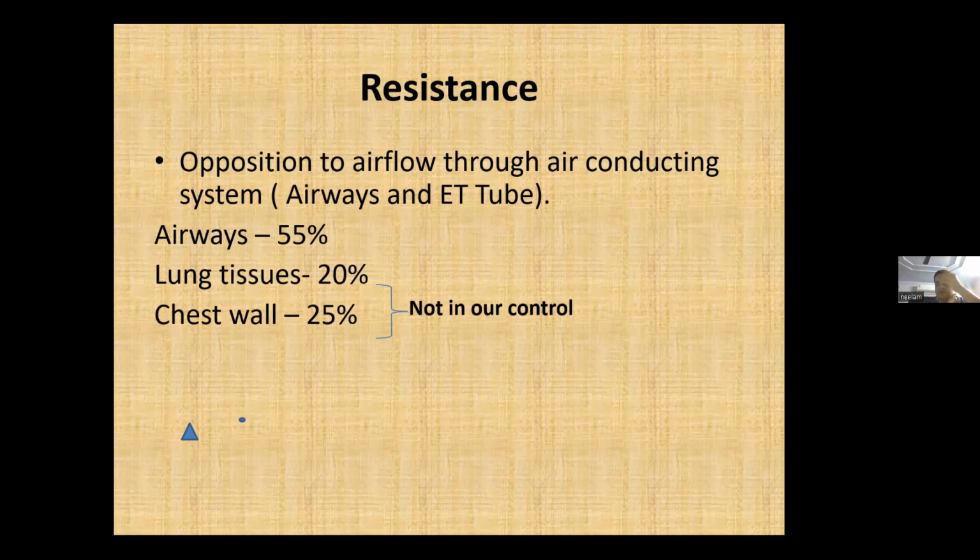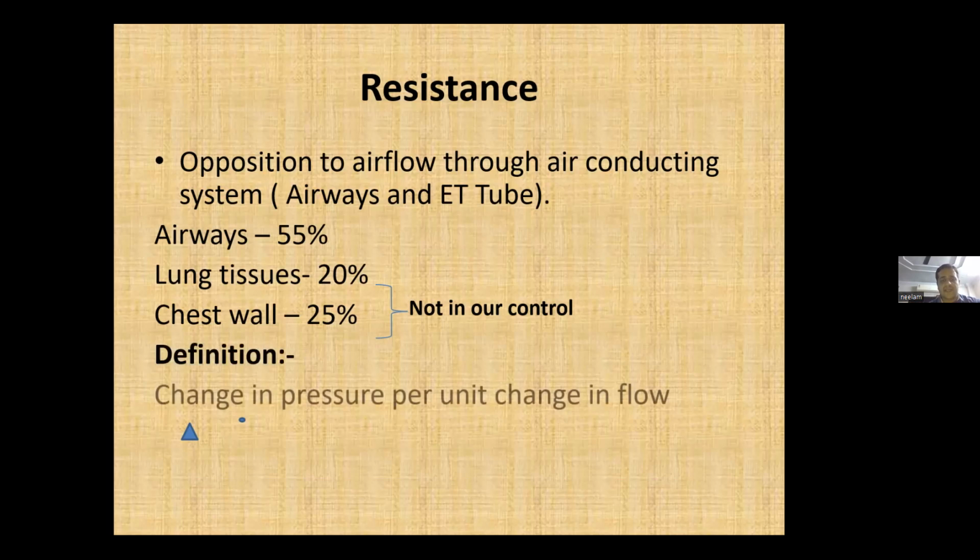We are using a lot of flow, giving the gas at a flow of 6 to 8 and sometimes 10 or 12 liters per minute. When we use that much flow, there is friction between the air molecules that are passing, and because of that also there will be some resistance. So the resistance is basically of two types. One is the airway resistance because of the tissues, and second is the viscous resistance.